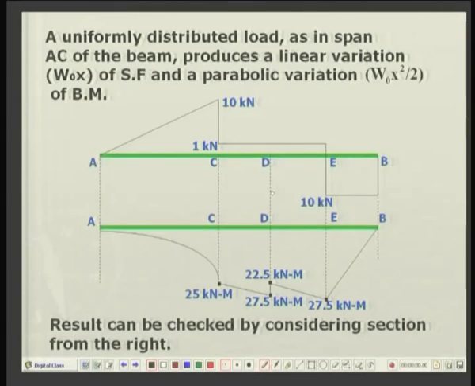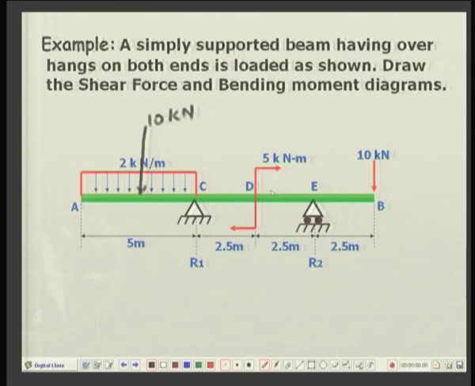Otherwise, we can proceed in the usual way, that is, we will first consider a section between A and C, consider its free body diagram, and calculate the value of V and M. Then you consider a section between C and D, and again you can consider the free body which will have this load, the reaction here, and a shear force and bending moment on the cross section.